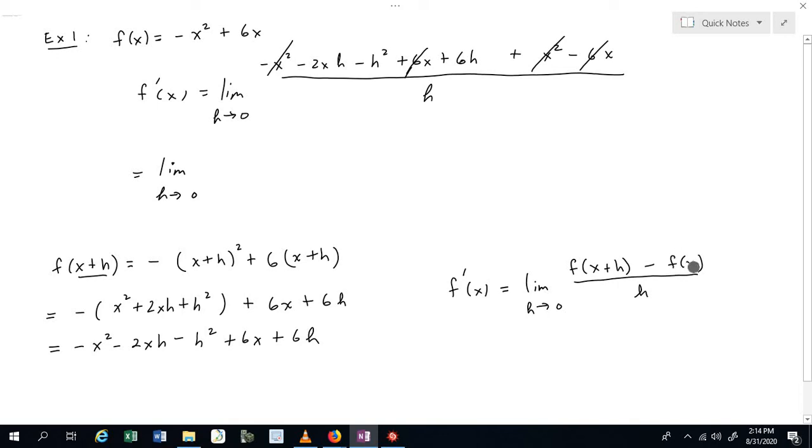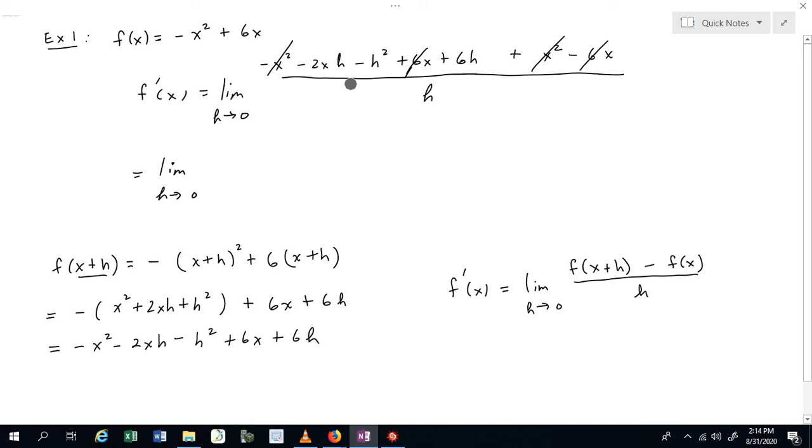This f of x, whatever's over here, every single term in this function needs to cancel out with some terms over here from this function. If that doesn't happen, then you're doing something wrong. And so notice that happened here, right? Both of these terms from f of x have canceled out with terms over here. Okay, so make sure these cancel out. The reason that has to happen is because everything that's left over has to have an h in it in order to cancel this h on the bottom.